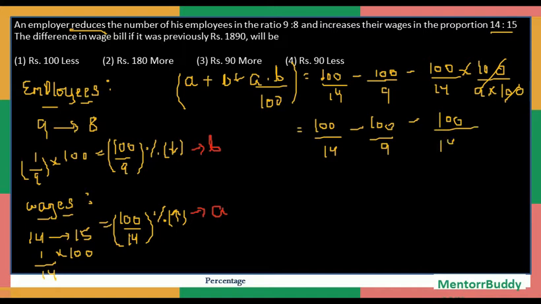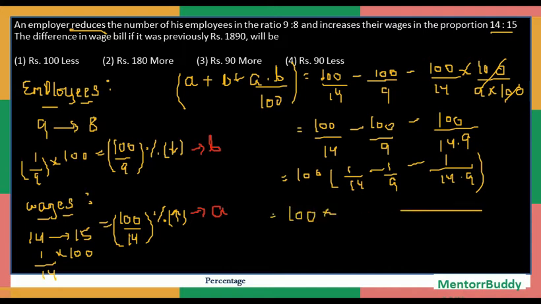Now solving this smartly, first taking 100 as common, this will become 1 by 14 minus 1 by 9 minus 1 upon 14 into 9. Keep this 100 as it is, taking the LCM to be 14 into 9.